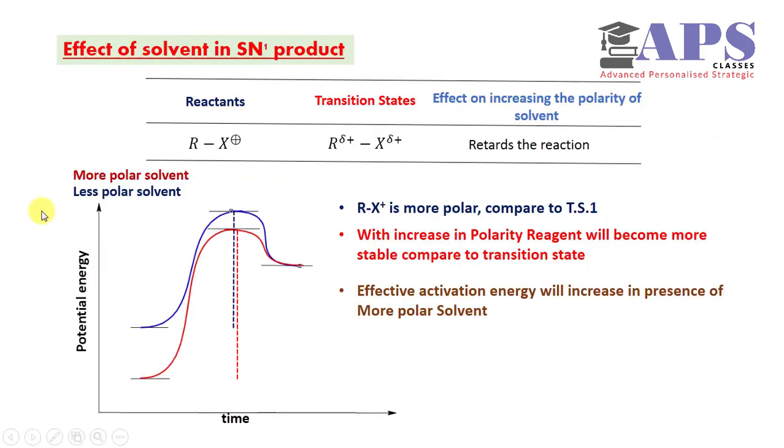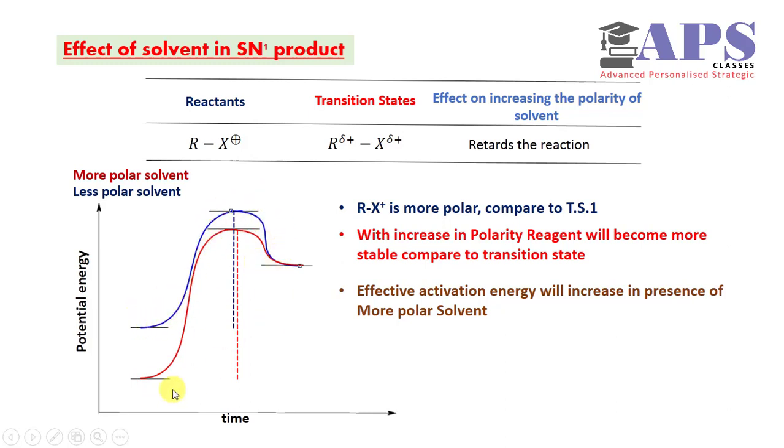From the potential energy graph we can see that as the reactant is more polar compared to the transition state, with increase in polarity it will be more stabilized and the transition state will be less stabilized. So effectively the energy gap between transition state and reactant, the activation energy, increases. The red line represents the more polar solvent, the blue line represents the less polar solvent.